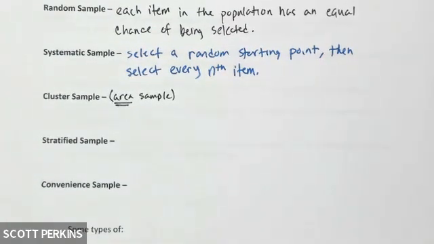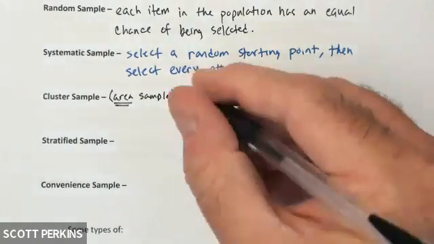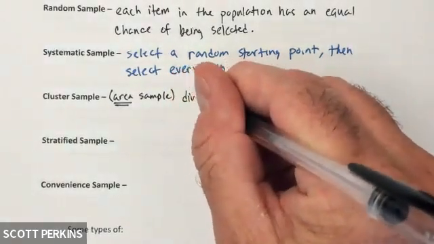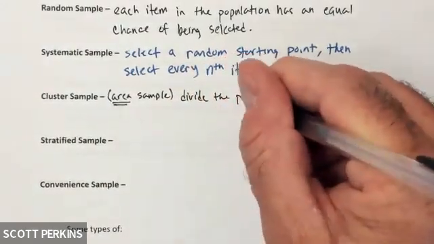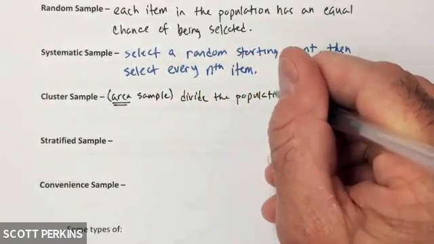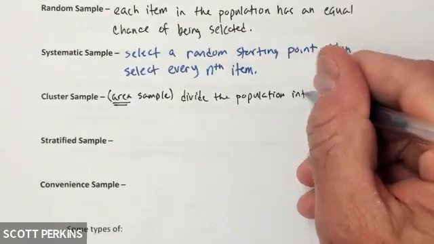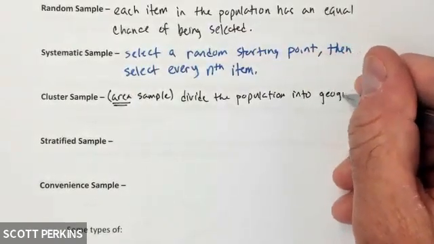What you do in a cluster sample is this: you divide your population into some sort of geographic section. Okay, so whether you have a map or whatever, you divide your population into geographic sections.